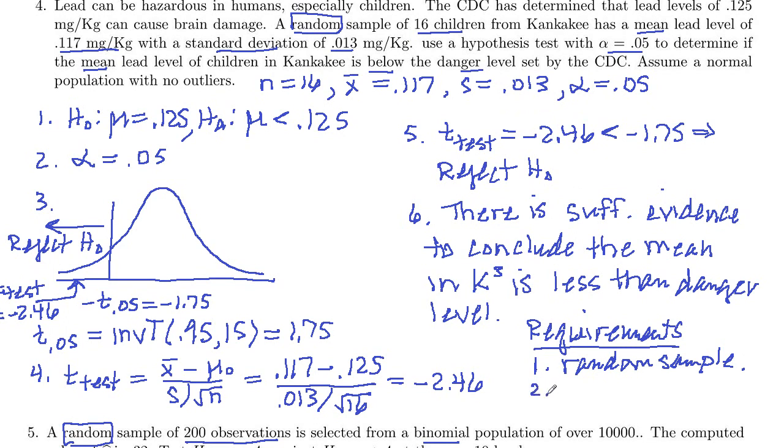And then the second requirement is n greater than or equal to 30 or a normal population. Our n was 16, which is less than 30. So n equals 16 is less than 30, but we're assuming a normal population with no outliers. So we've got normal population. So that would be test requirements there.